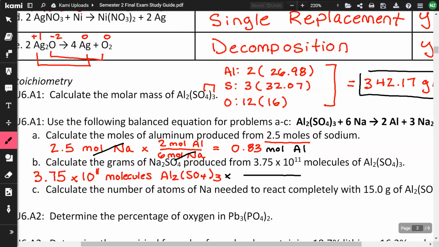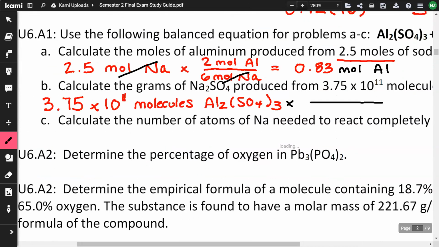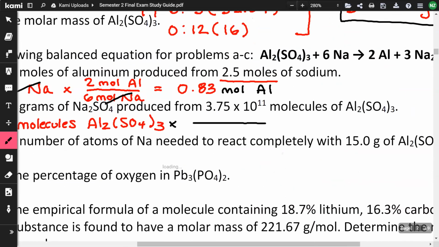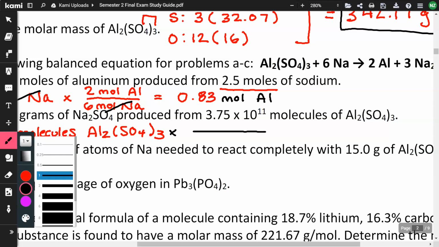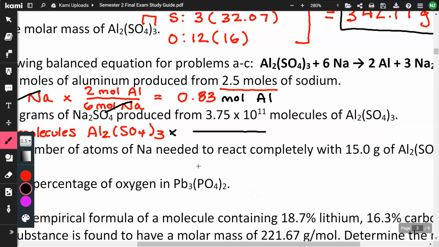All right, so I'm going to try to make this a little bigger so it's easier to see. To go to moles, we're going to need Avogadro's number. So Avogadro's number is 6.02 times 10 to the 23rd molecules of Al2SO4.